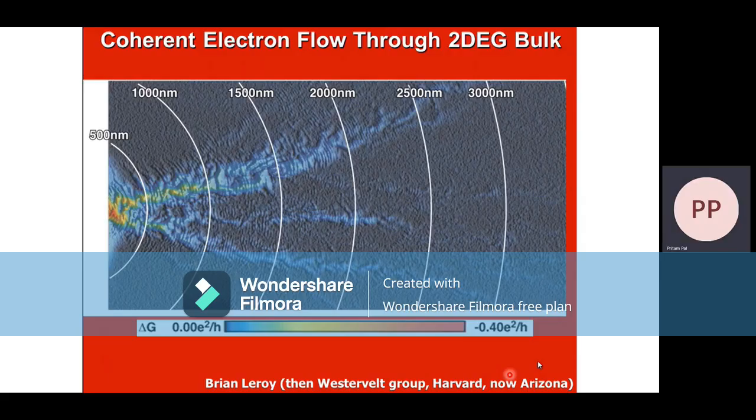in this picture, you can see that they were able to image the trajectories over which electrons travel in a two-dimensional electron gas. So this is a beautiful experiment here.